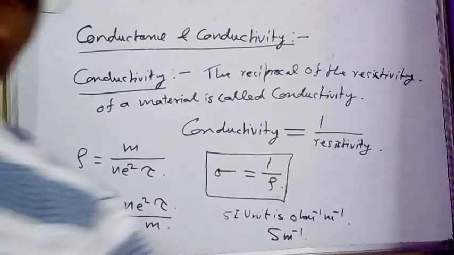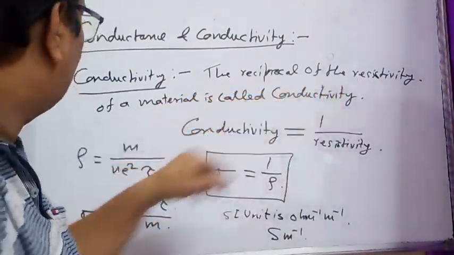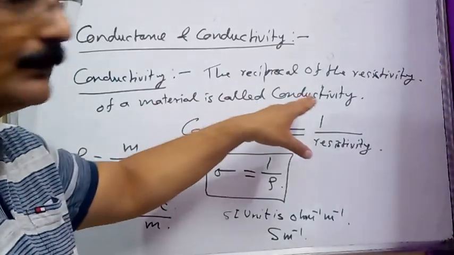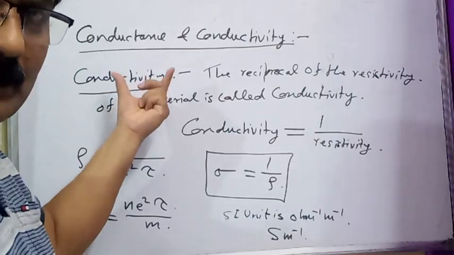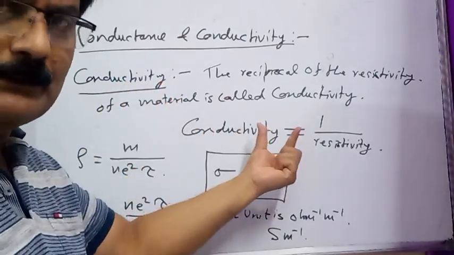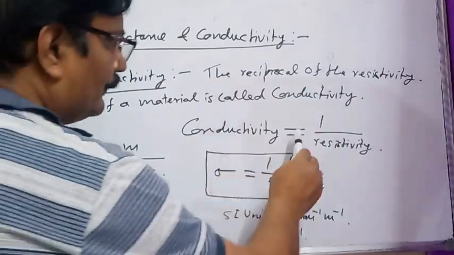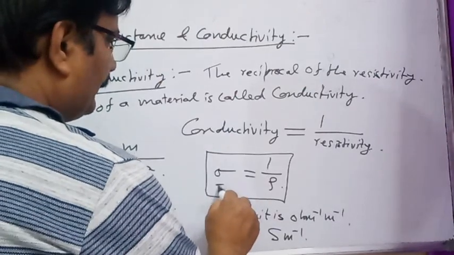Similarly, conductivity of the material is defined as the reciprocal of the resistivity of a material. So as conductance is characteristic of a conductor, similarly conductivity is characteristic of the material of that conductor. So conductivity is equal to 1 by resistivity of the material. Conductivity is denoted by sigma.